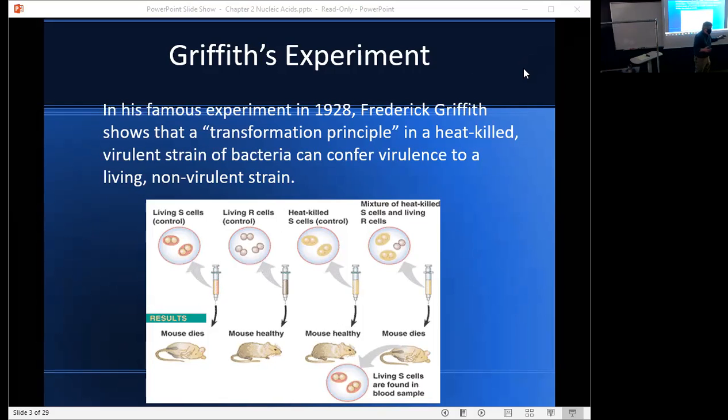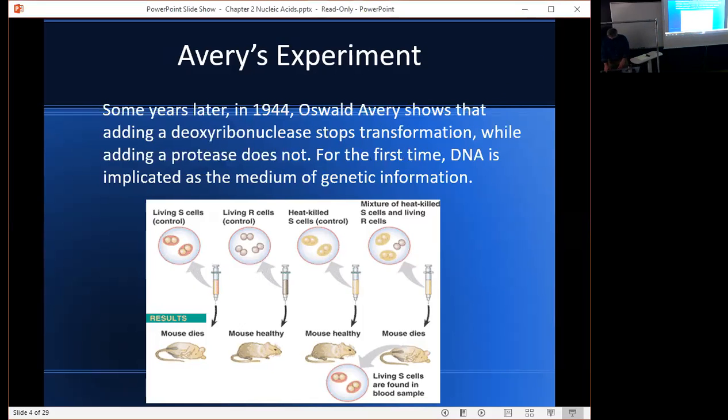Now again, at this point, that transformation principle hasn't been identified as DNA yet, but we know that there's something there. Okay, so that was in 1928.